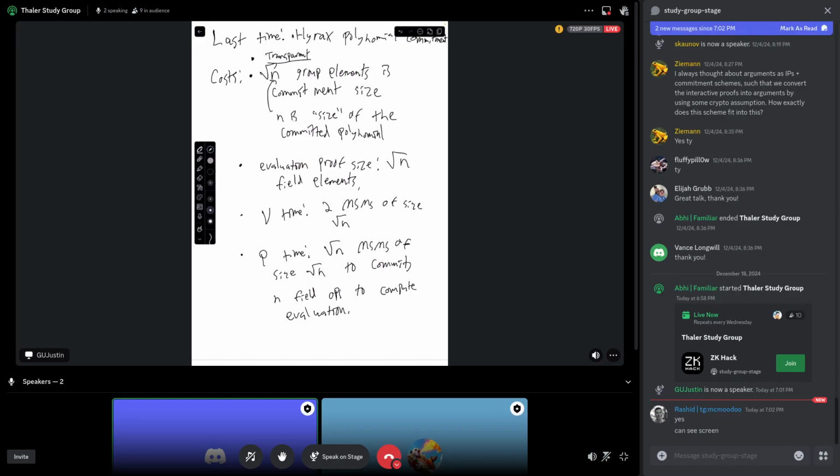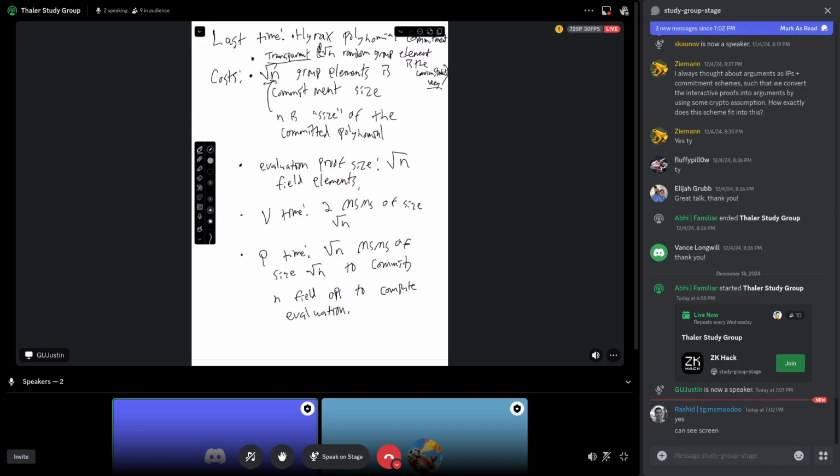The commitment key is just square root n random group elements, so there's no trusted setup. There's no powers of tau setup. So that's the commitment key. Both the prover and the verifier need to know that key.